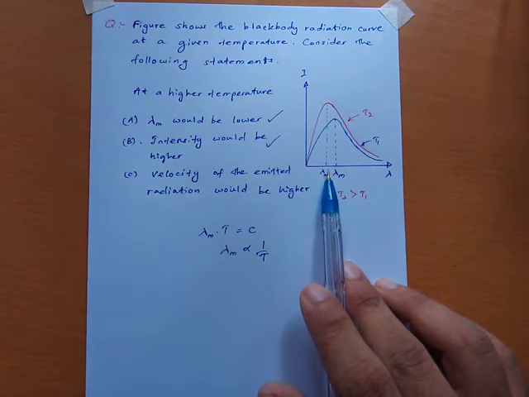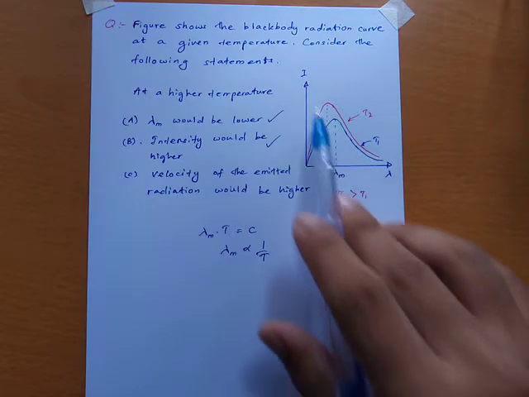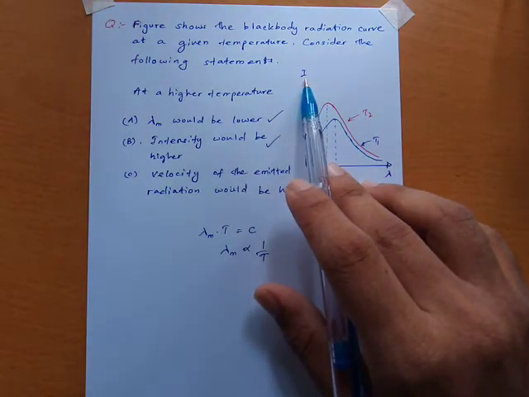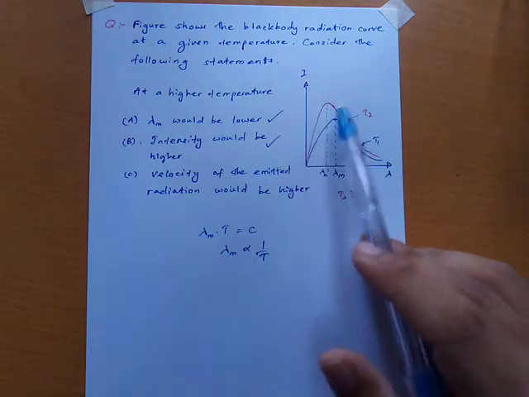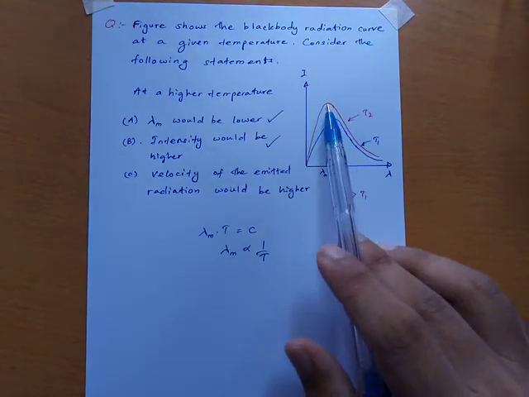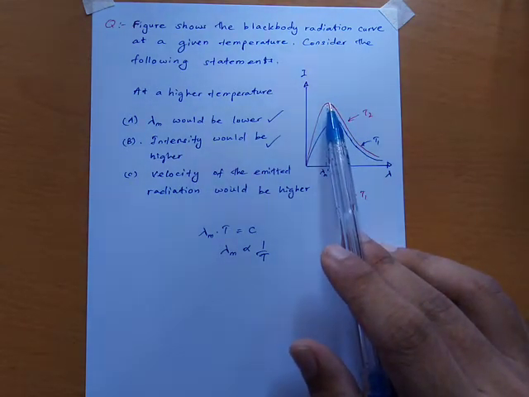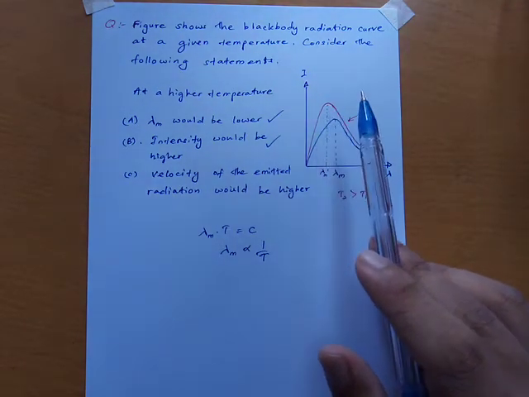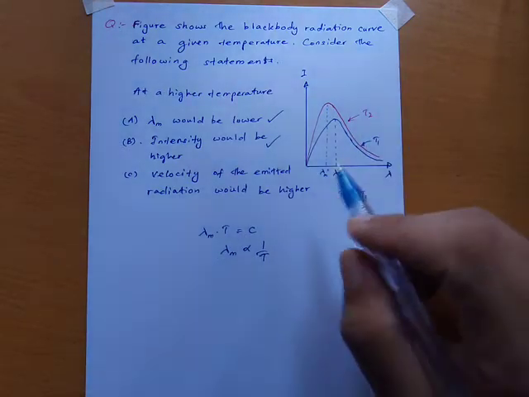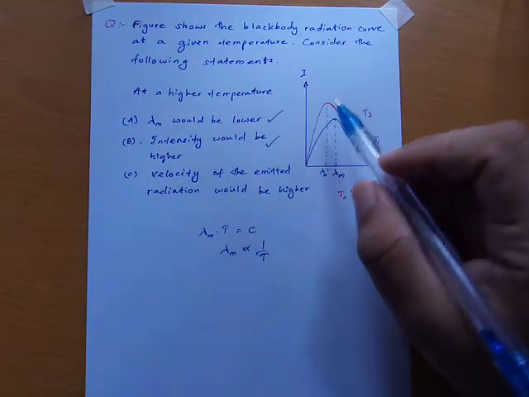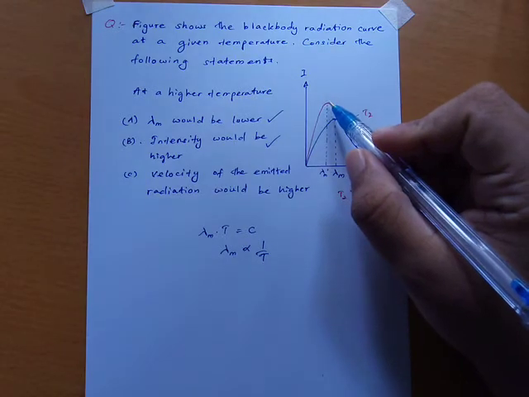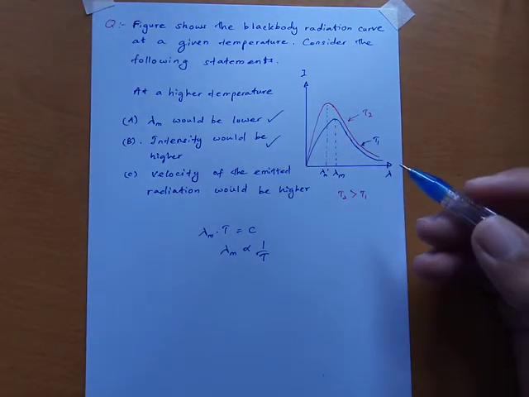So lambda m decreasing means the frequency corresponding to the peak intensity is increased.